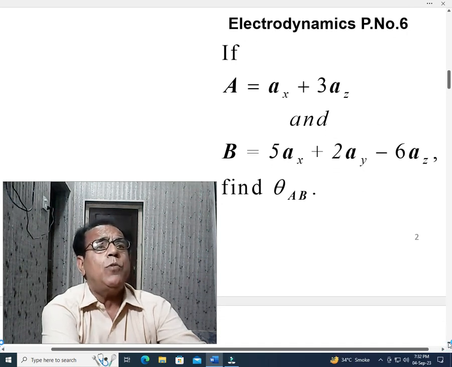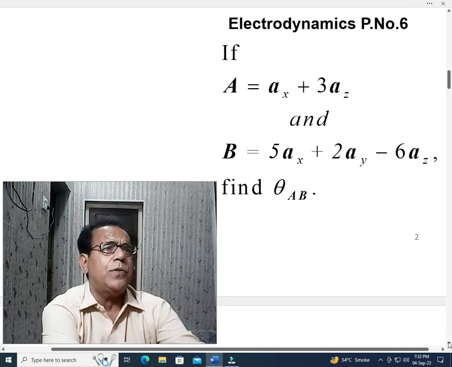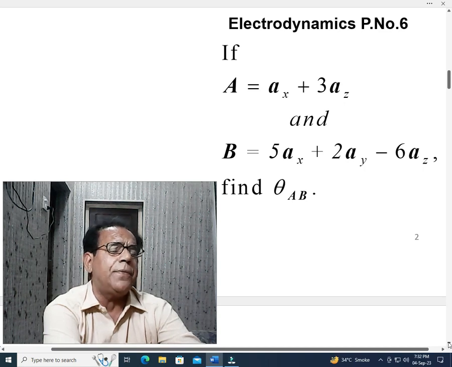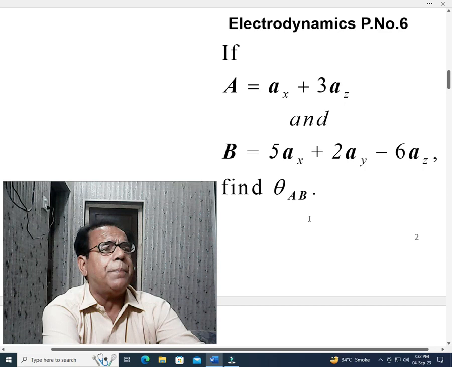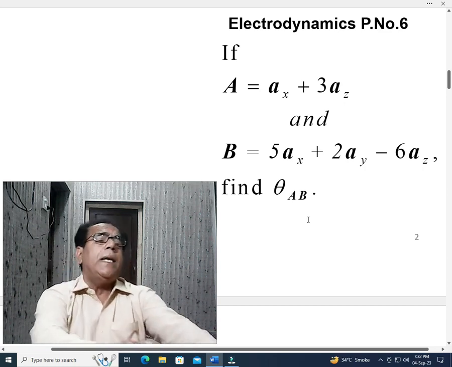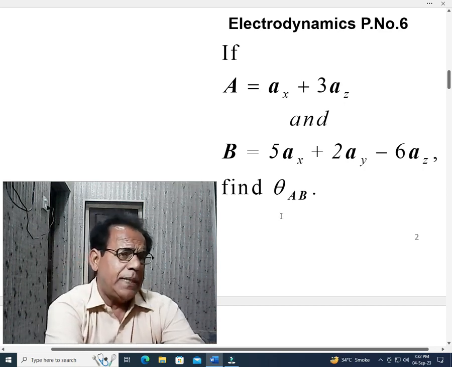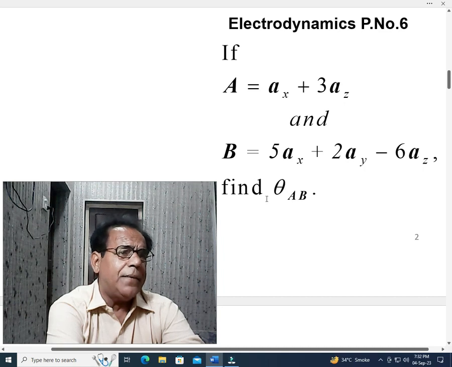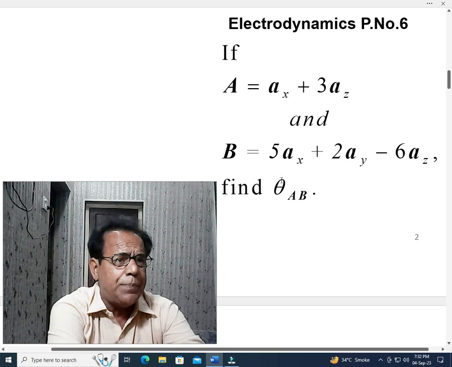Now we move to problem number 6 of electrodynamics by Matthew N.O. Sadiku. Same: if A is equal to this and B is equal to this, then find theta between A and B, the angle between A and B. The only difference is that here it is denoted in this way, find theta AB, where AB is written as a subscript of theta.